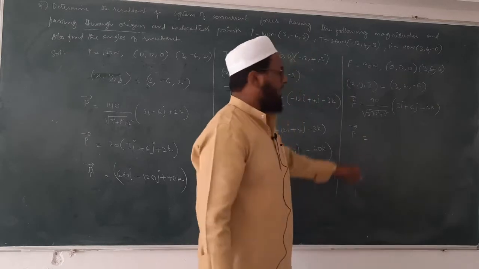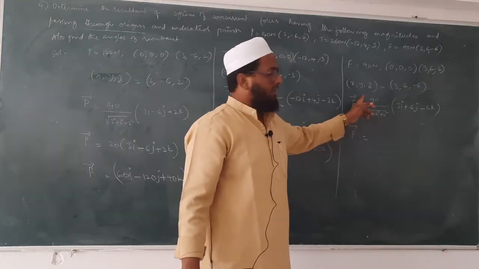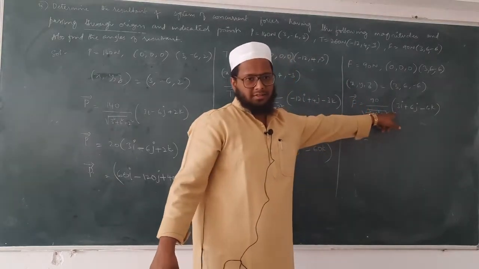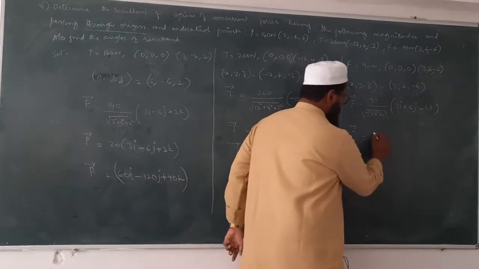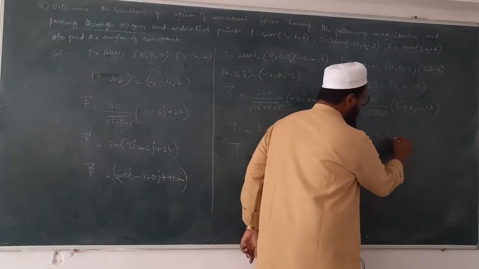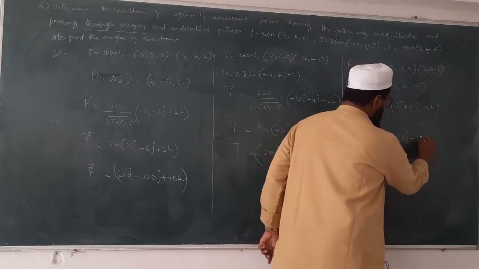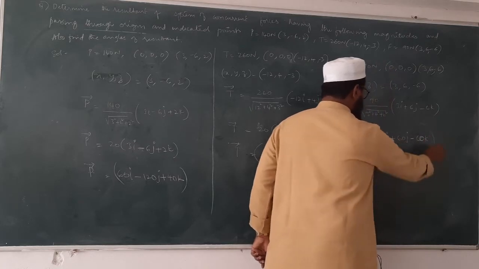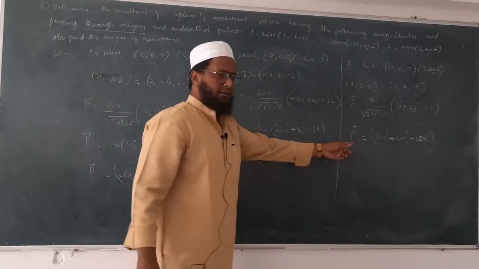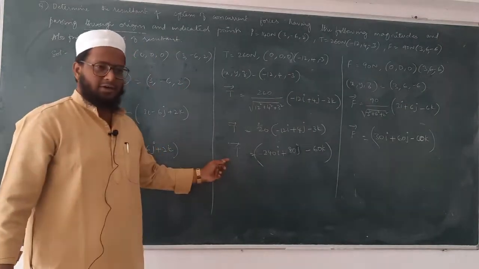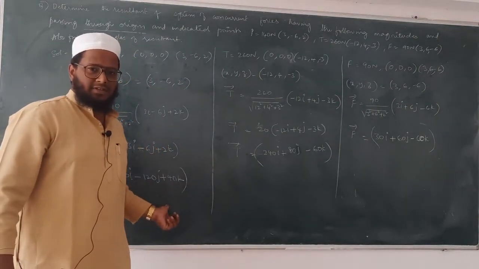So tell me the value. It is 10. So 10 into 3, 30i plus 60j minus 60k. This is force vector for F, this is force vector for T, and this one is for P.